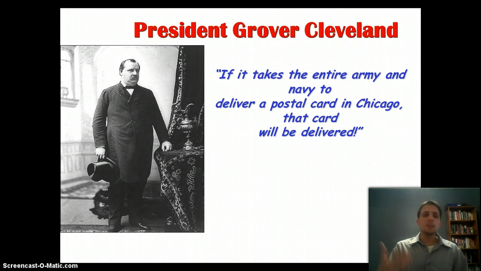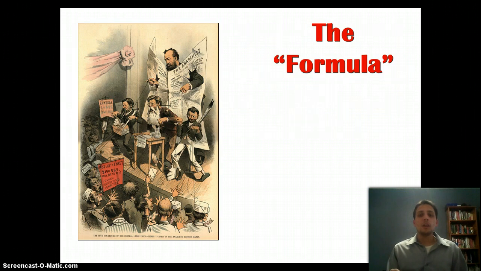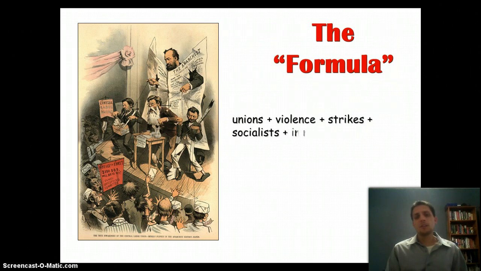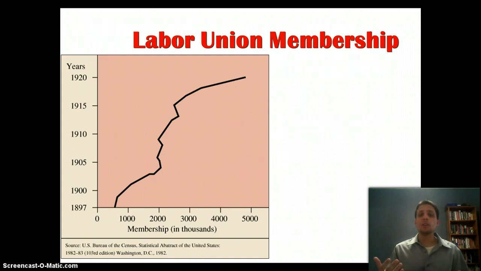But at this time, they're clearly on the side of the business owners, because they look at it as a problem for America, that the labor unions are causing strife, and they potentially, in the long run, maybe fear some kind of uprising from this lower class who are being exploited to a big extent in their industries. And this refers to what I was telling you before, that these unions are painted as socialists, as immigrants who are anti-American, and they're saying that they're anarchists for what they're doing here.